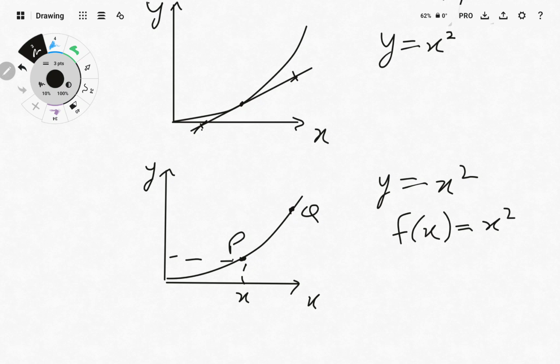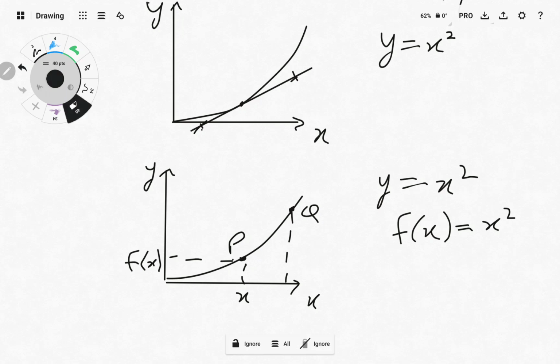But since I have said that y equals f of x, instead of y over here, I'm going to write f of x. Is that clear? As for Q, I'm going to call the x coordinate of Q something different. I'll use a different notation basically.